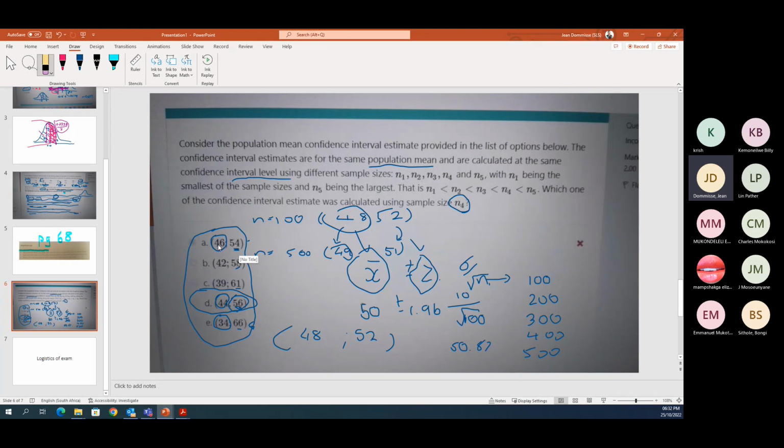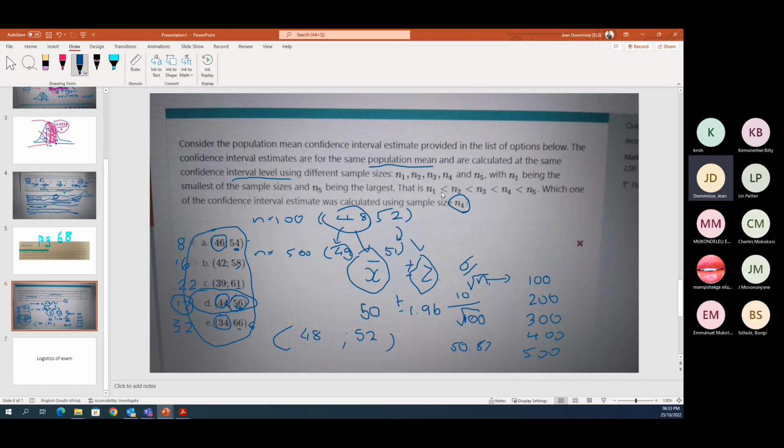So 54 minus 46 is 8. 58 minus 42, I think that's 16. 61 minus 39, oof, that is 22. 56 minus is 12, and 66 minus that is 32. Okay, so you can see the gap, the second smallest gap is that.